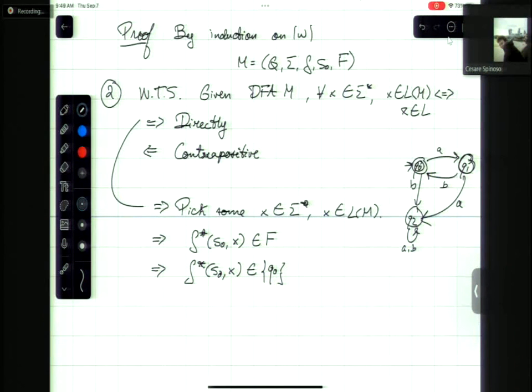That's just by replacement. And then directly, because there's only a single element in my set, I know that delta star of S naught and x is equal to Q0. No, that's fine, that's fine.